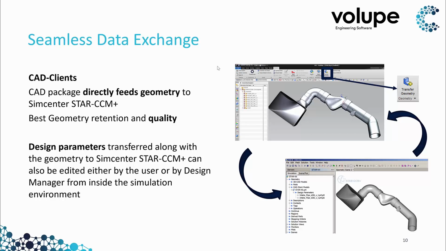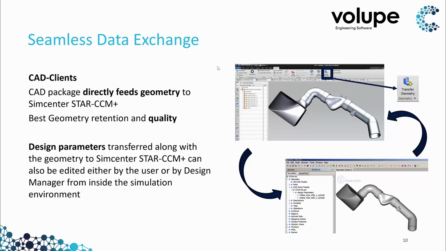This is always a topic when it comes to CFD simulations and to get your CAD geometry ready for meshing and for simulation. Luckily, SimCenter Star CCM Plus provides seamless exchange of CAD geometry through the CAD clients. So these clients are available for most of the established CAD programs and most certainly for NX.